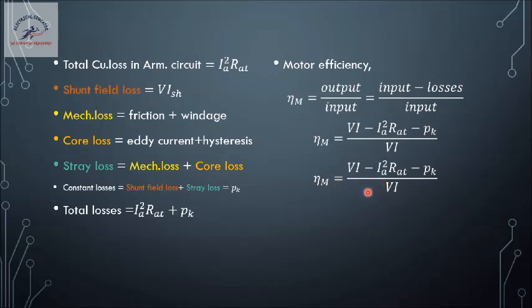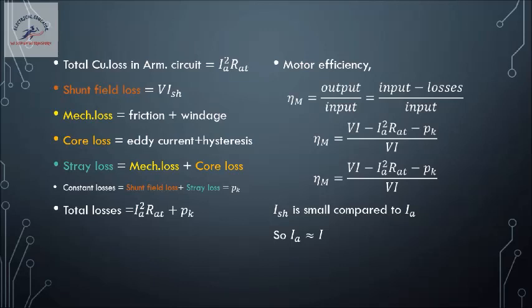Pk divided by VI. I want to make a small comparison here. Now this field current is very small compared to Ia. If it is very small compared to Ia, then I can say that Ia is nearly equal to the line current.